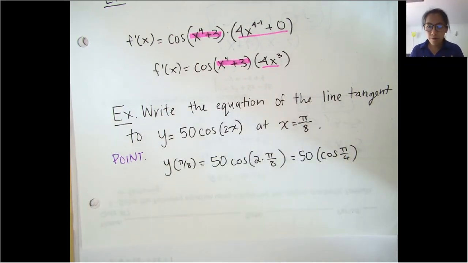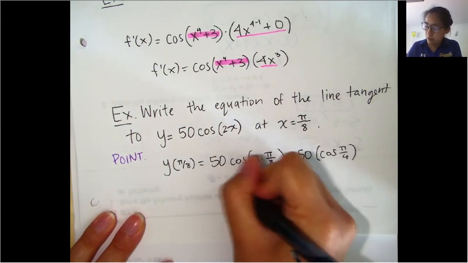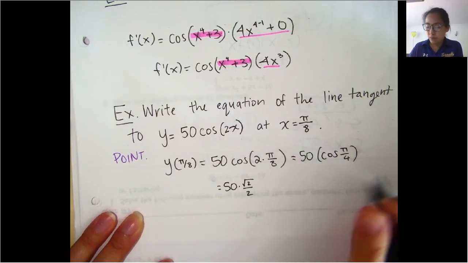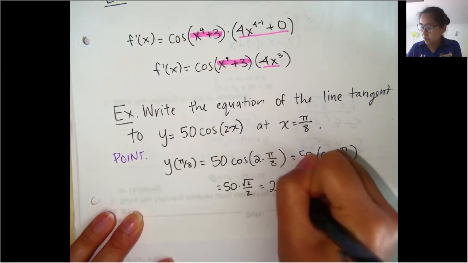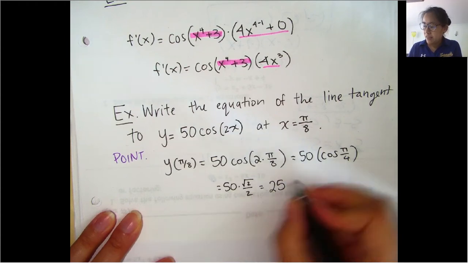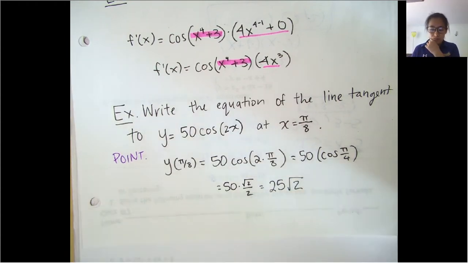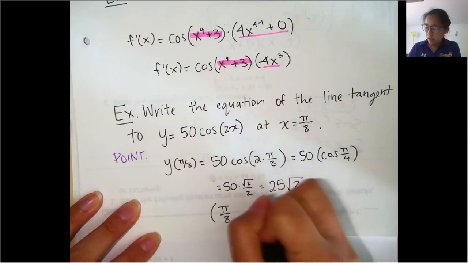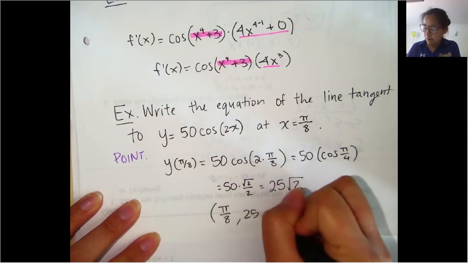Well, what's cosine of pi over 4? That would be root 2 over 2. So this is equivalent to 50 times root 2 over 2. And so if you simplify that a little bit, that'll be 25 root 2. Okay, so the point is going to be pi over 8, comma, 25 root 2.